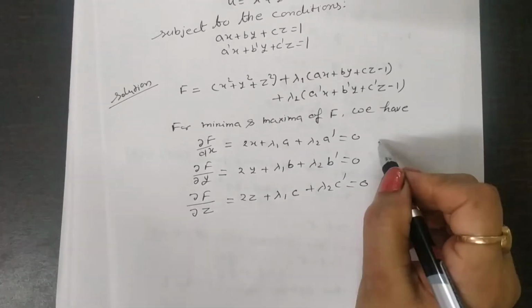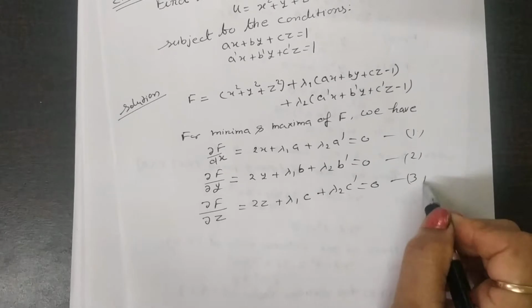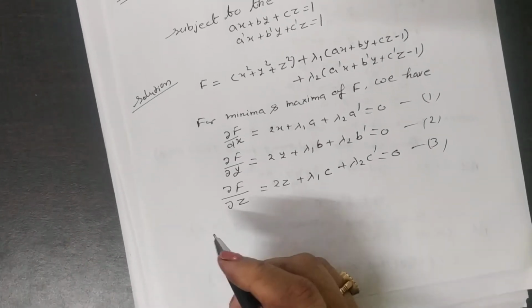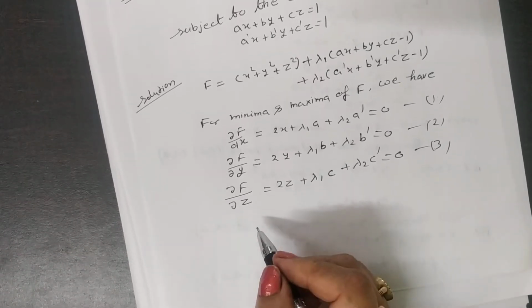Let this be equation number 1, this 2, and this 3. Clear? Now we multiply equations 1, 2 and 3 by x, y, z.